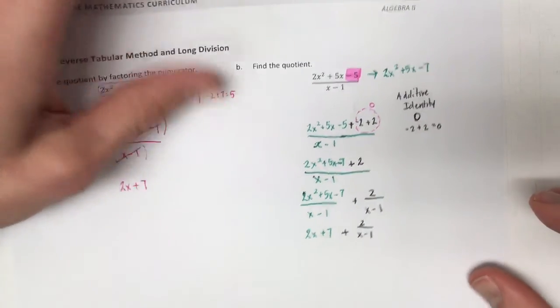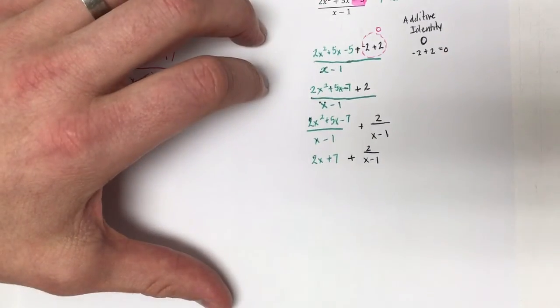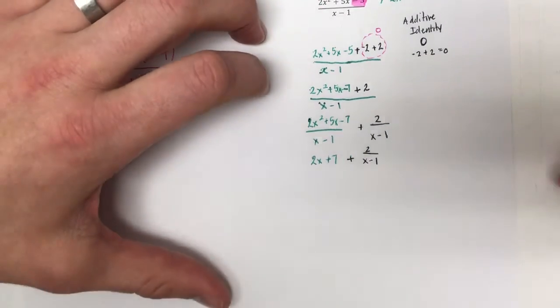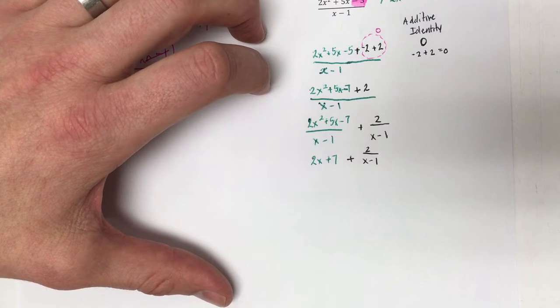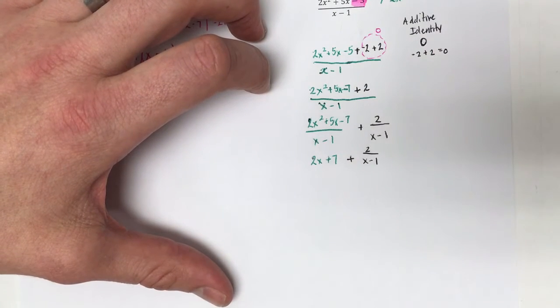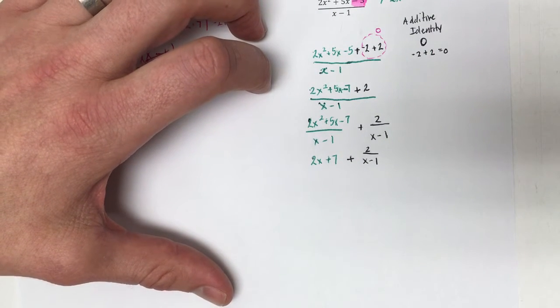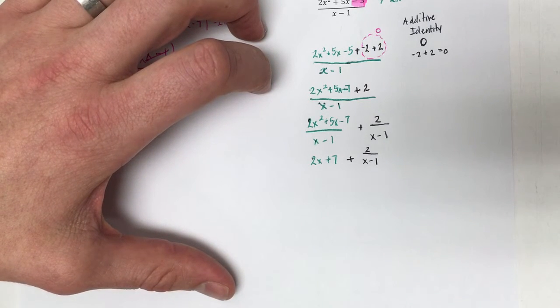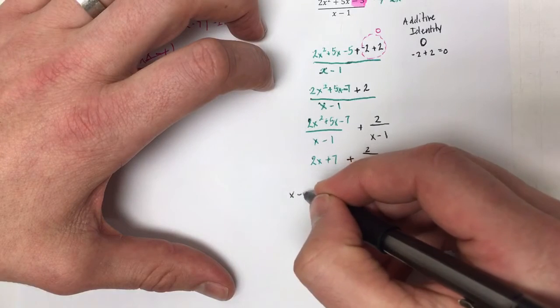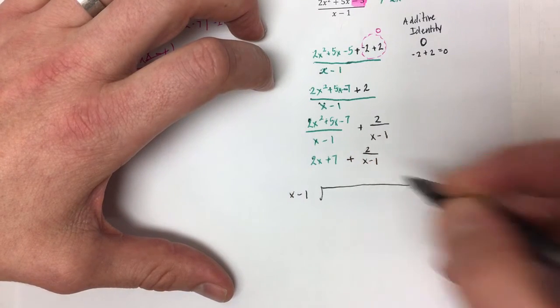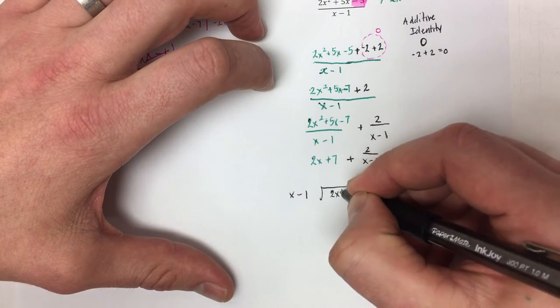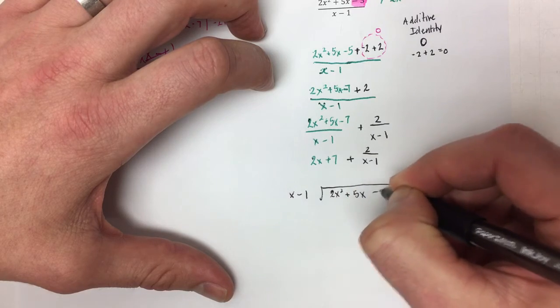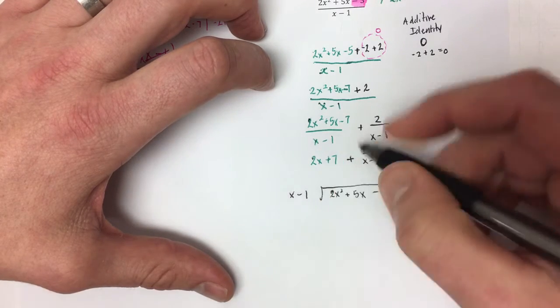Okay. Now you might be thinking that this is a little bit of crazy math. It's actually based very solidly in your fundamental math, which is this additive identity. But if you're unsure, I suggest that you always use long division to prove it. So here we go. 2x squared plus 5x minus 5 divided by x minus 1.